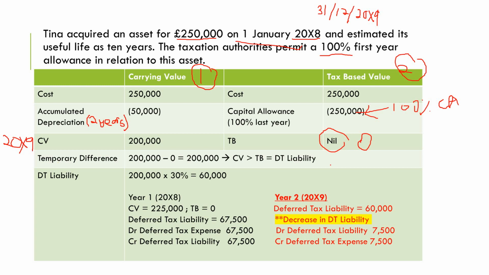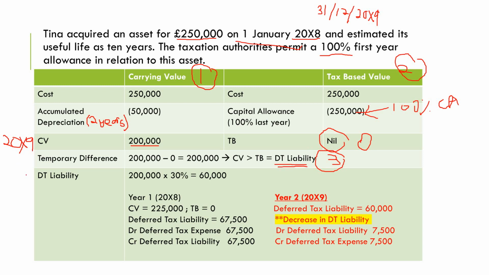Okay, the third step is you have to decide, is this a deferred tax liability or a deferred tax asset? So you have to compare your carrying value and tax base. Obviously your carrying value is 200,000, way bigger than the tax base. So again, this gives rise to deferred tax liability.